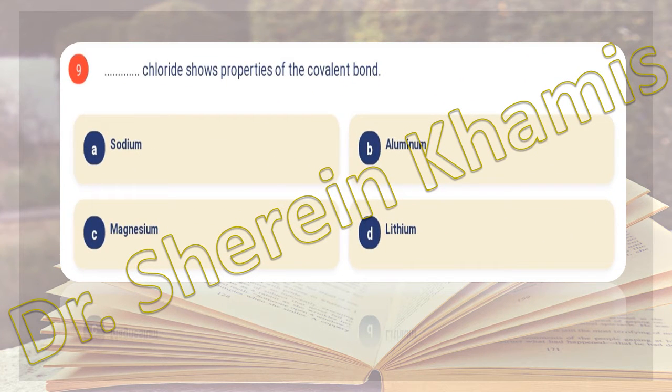Question 9 says, which one of the metal chlorides here shows properties of covalent bond?